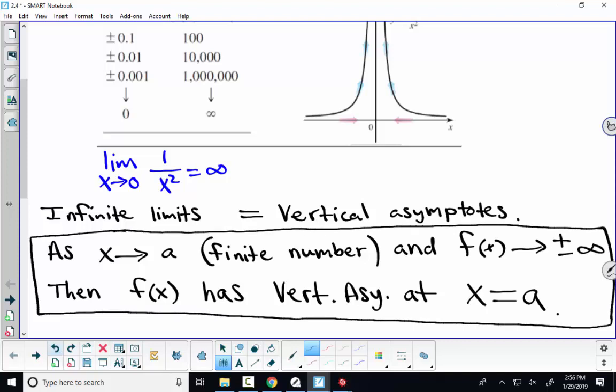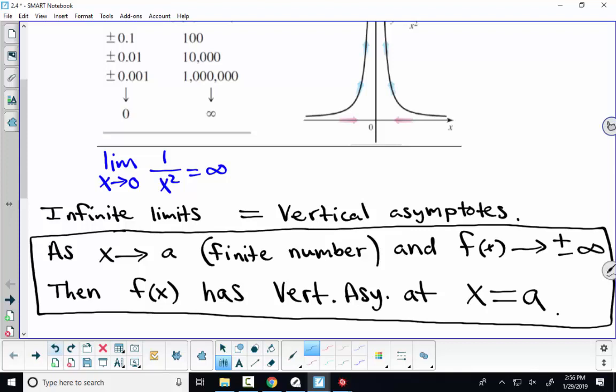And we'll see that it's more, I guess, technically stated in the definition of a vertical asymptote. But hopefully you can see that if that situation arises, no matter what function we're talking about, then there has to be a vertical asymptote there.